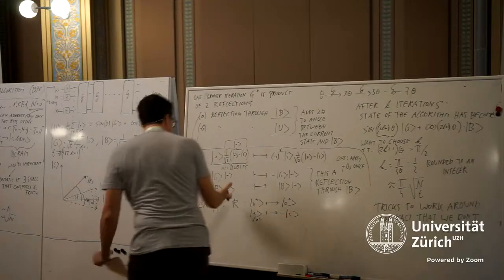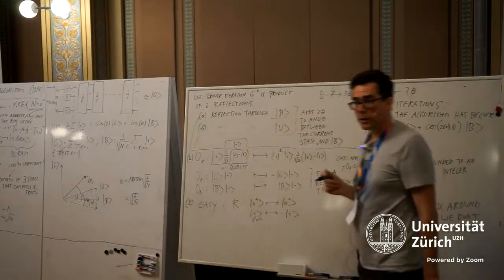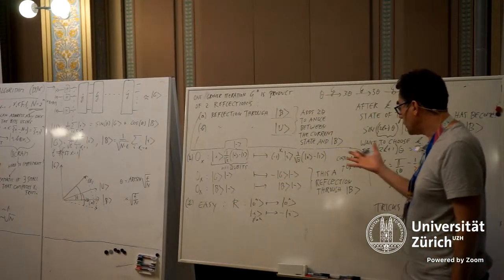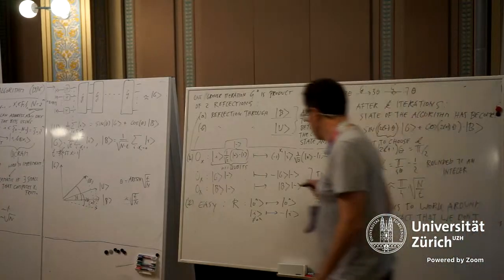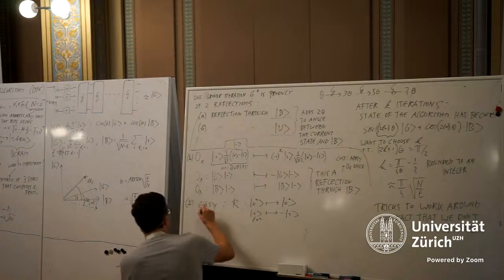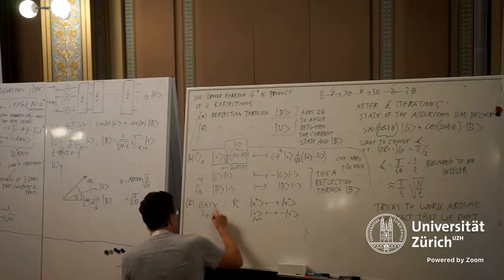You can write down a circuit if you want. It's an exercise in my lecture notes somewhere, chapter 2, I think. You can write down a circuit that does this, which uses something like order little n many gates. And you should think of that as cheap.